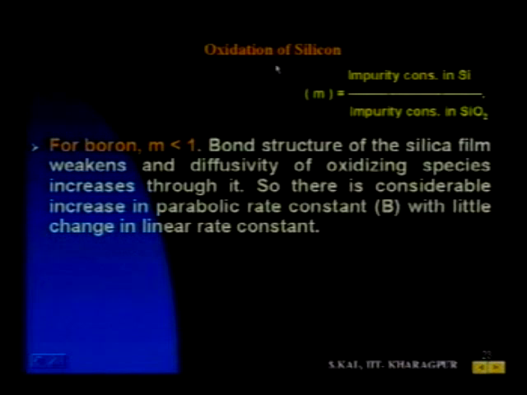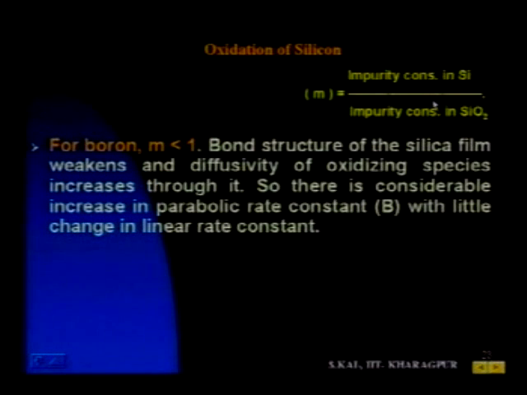So there is a considerable increase in parabolic rate constant B with little change in linear rate constant in case of boron. So in case of boron, since M is less than 1, impurity will try to stay inside the oxide more compared to that in silicon.